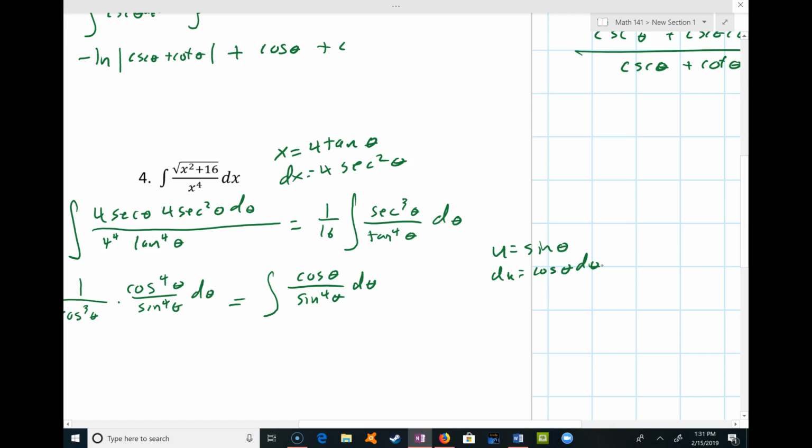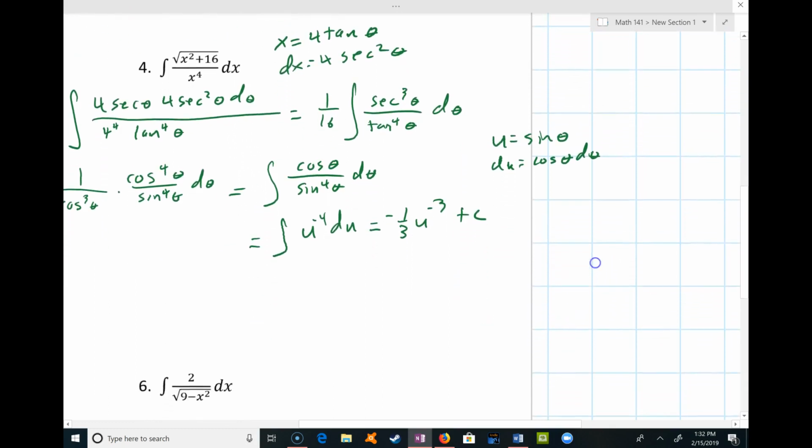And so then this is really just the integral of u to the negative 4 du. So that's going to be equal to negative 1/3 u to the negative 3 plus c.